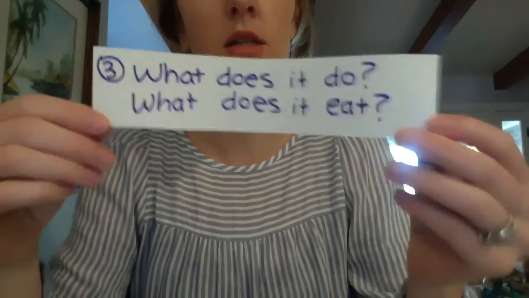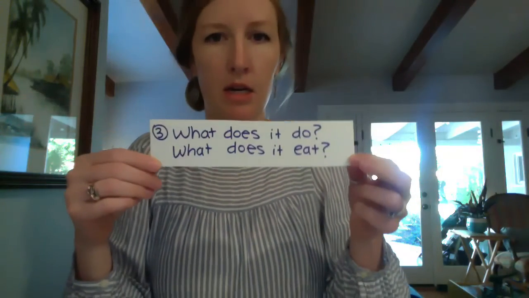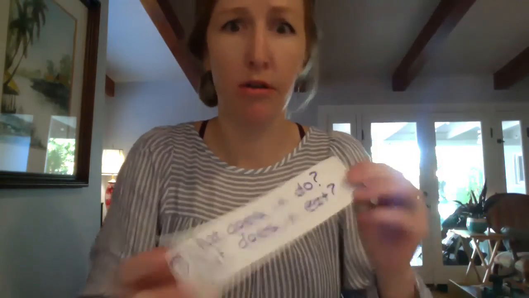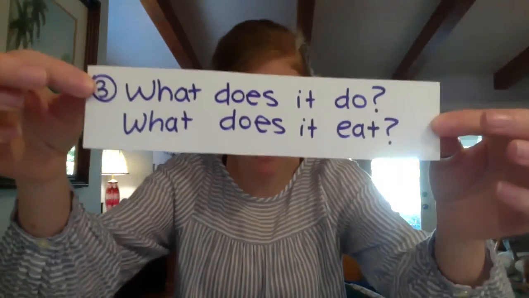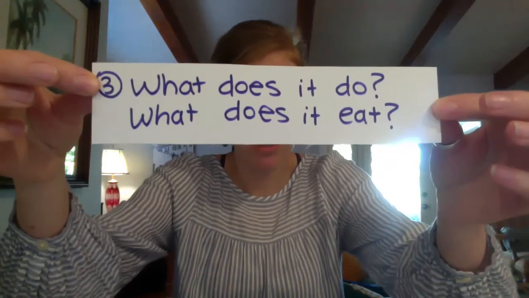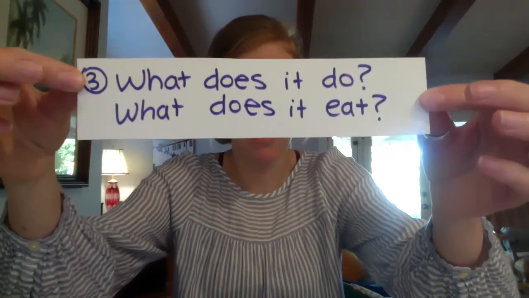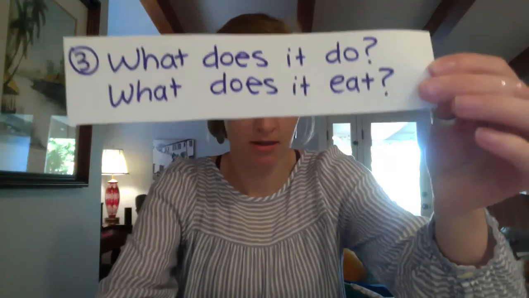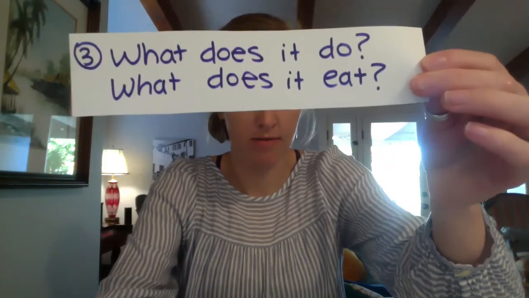So what does it do and what does it eat? I'm gonna write that in your journal. I'll hold it up. How about you pause it and write it? Sorry. 3, 2, 1. And we're gonna move on.